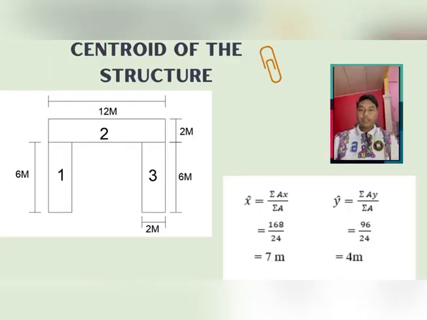For the centroid of the structure, X equals total AX divided by total A equals 168 divided by 24, and the answer for X is 7 meter. For Y, total AY divided by total A equals 96 divided by 24, and the answer for Y is 4 meter.